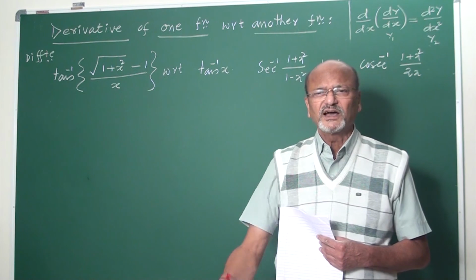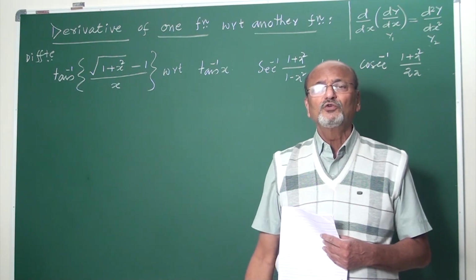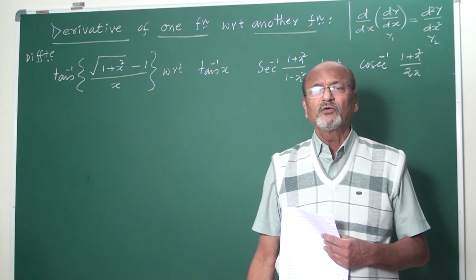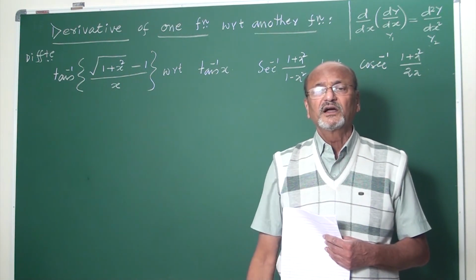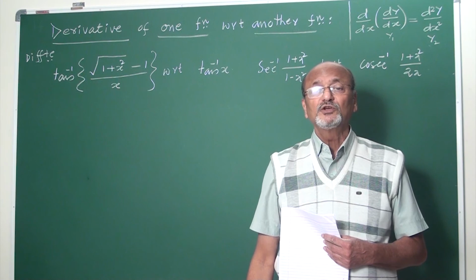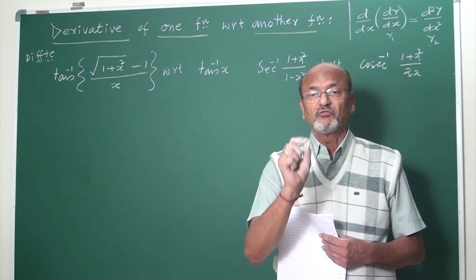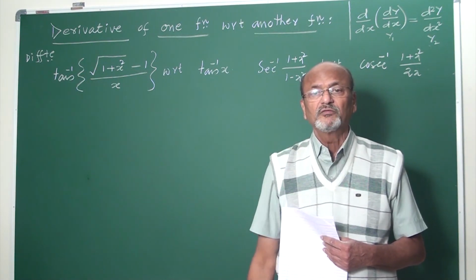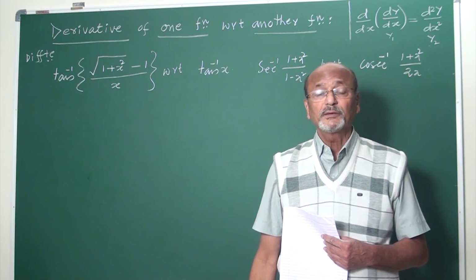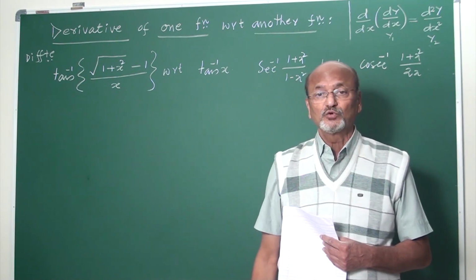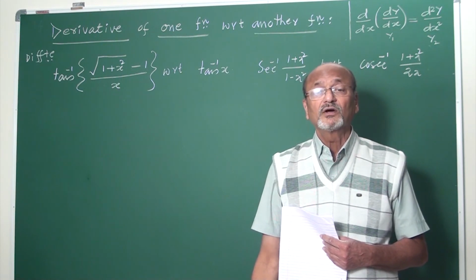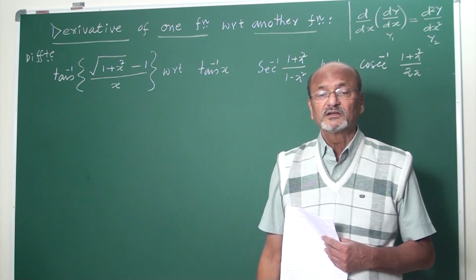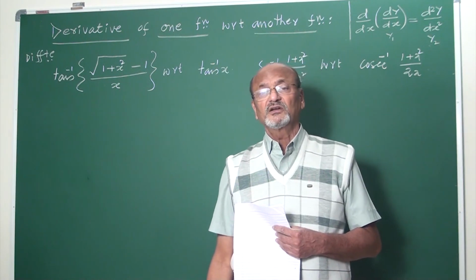Remember, after that, examples on uv, u by v, 1 by v, uvw were done. After the completion of that, derivatives of composite functions, very important. That concept must be clear to the students. Then only you can proceed happily in finding the derivatives in other chapters.